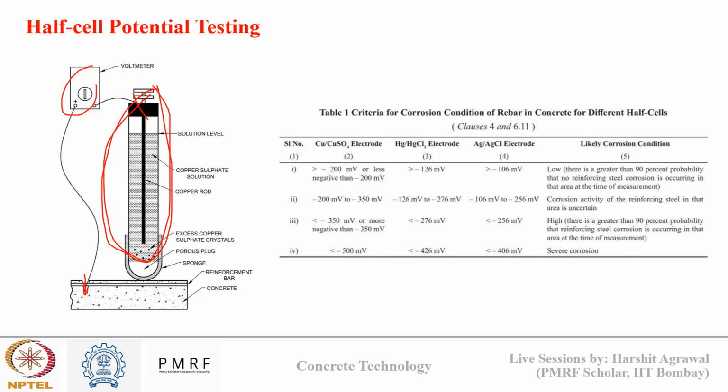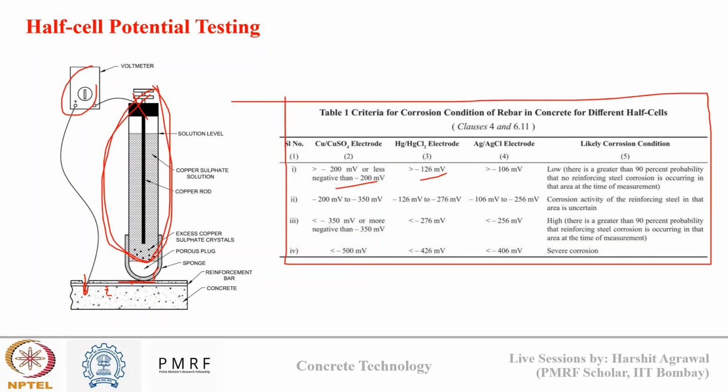We keep it on the concrete surface, which we first moisten with water, and this connection tells us the potential of the reinforcement. Based on the relative potential we have a certain table given in the IS code, which will help us judge whether the corrosion is active or passive. So this is also an NDT, non-destructive testing, that is usually done on a site to assess the corrosion risk.